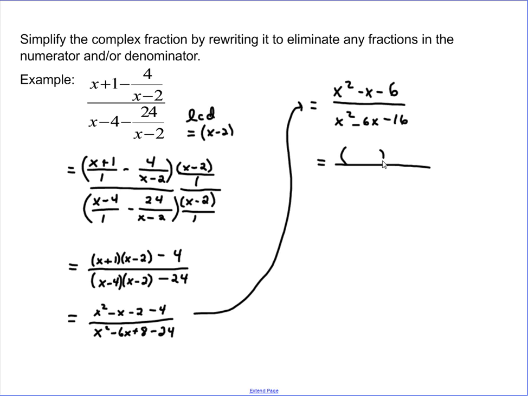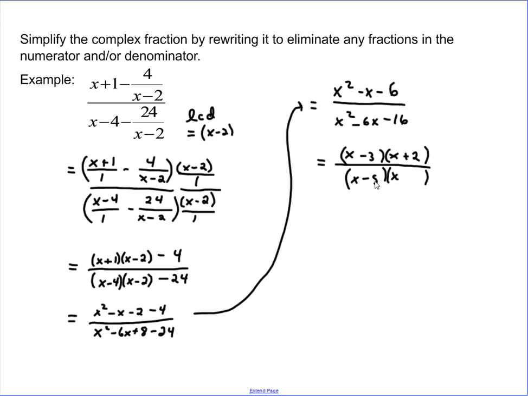X squared minus x minus 6, I happen to know, is going to be a trinomial that factors as x minus 3 times x plus 2. Now you can go through and work that out yourself. In our denominator, all right, well, it looks like we've got x and x here. We need two factors of negative 16 whose sum is negative 6.